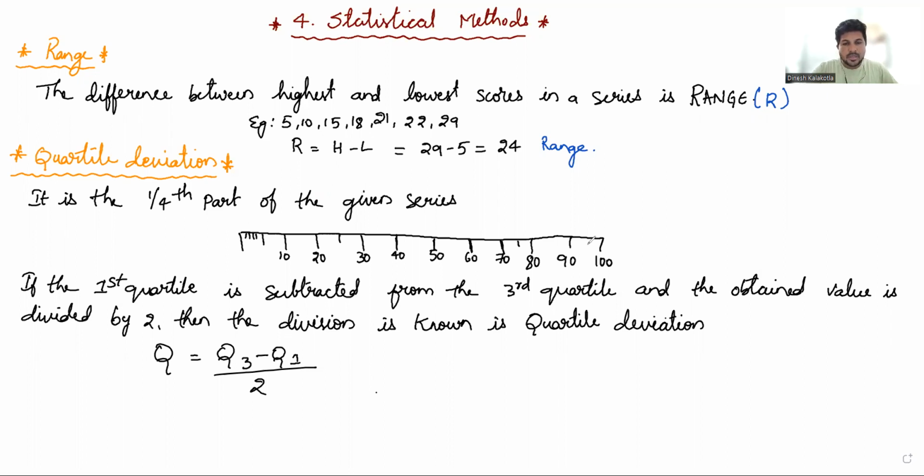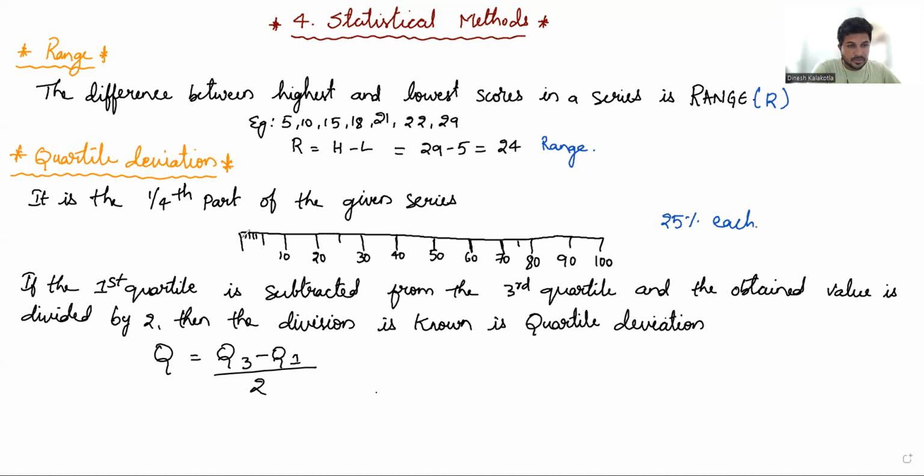Assume that this is a scale that you have to divide into 25% each. If this is the data, divide it into 4 different parts, with 25% of the data in each part. Nothing but the quarter.